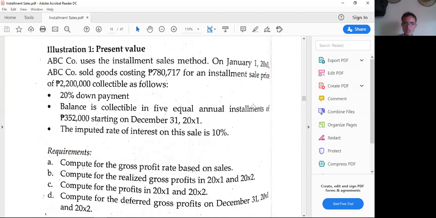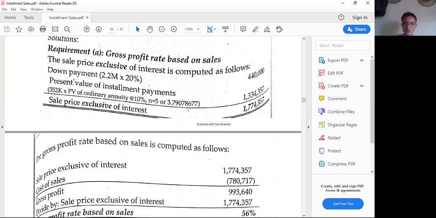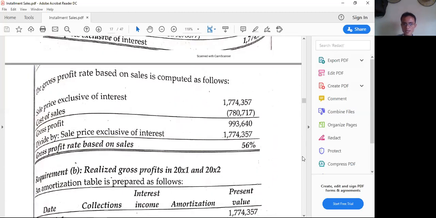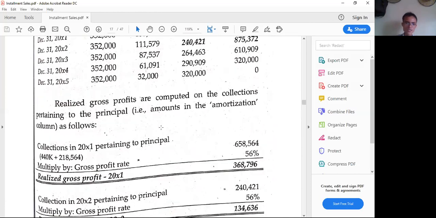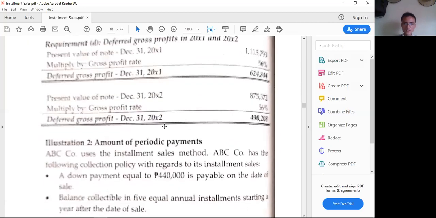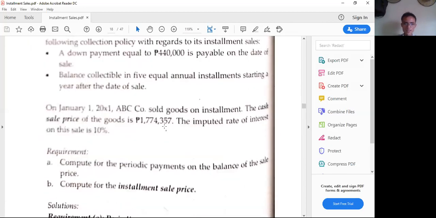If we deduct 2,200,000 with this one, that's going to be the total interest that will be earned over the term. And then that will be the unearned interest for now and will be considered as interest over the 5 years.